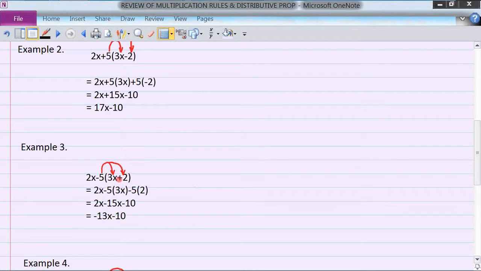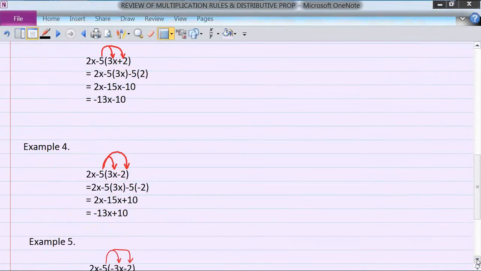And minus 5 times plus 2 gives us minus 10. So 2x minus 15x is minus 13x. And we got the minus 10. So what we've done is change this problem here, so this coefficient outside is minus 5.